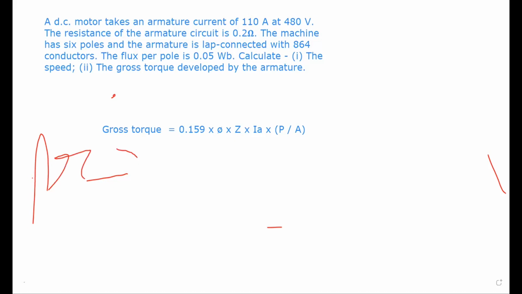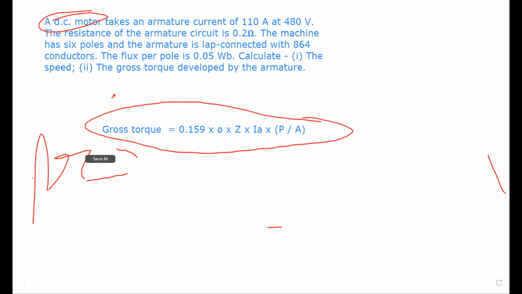And if you talk about a DC motor, in the problem they are saying DC motor, for calculating the gross torque, your formula is 0.159 phi into G into IA into P divided by A. Clear what is gross torque? Yes, sir.